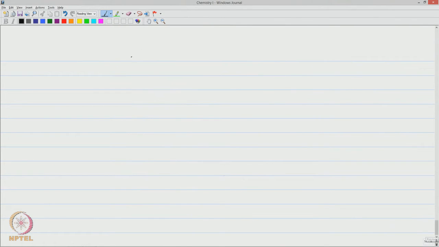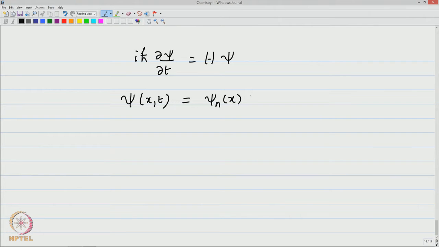If I have to solve i h bar dou psi by dou t equal to H for the particle in a box, then all I need to do is to write psi of x comma t, because the wave function is a function of both the coordinates and time, as psi n of x, the particle in a box eigenfunctions, times the time only function, where psi n of x is obviously the solution of H psi n of x equal to E n psi n of x.